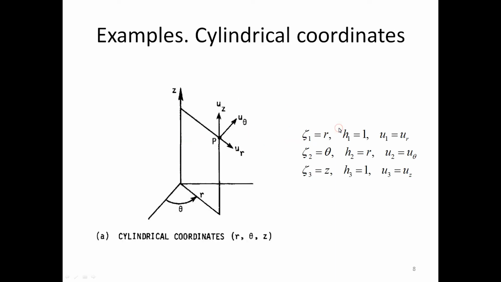Cylindrical coordinates: Z1 is equal to r, radius, Z2 equals theta, and Z3 is again equal to z.